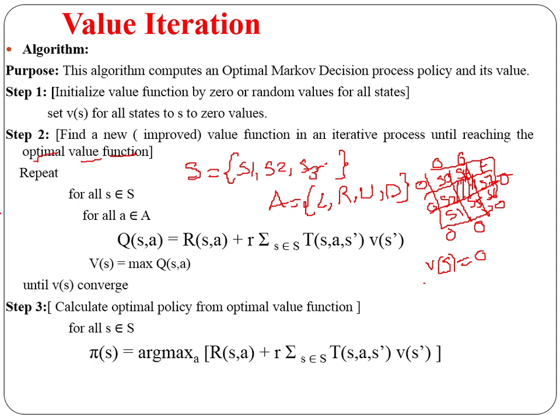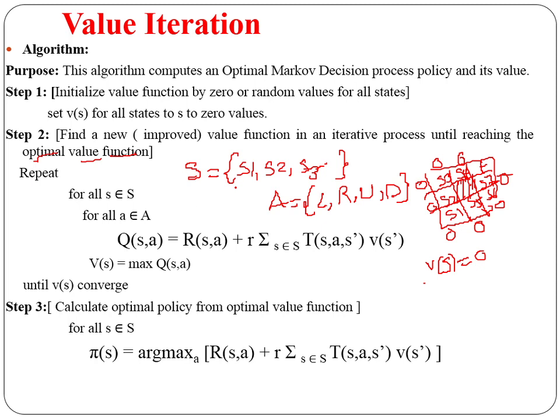So what I have to do here is calculate the values. How should I calculate them? We are taking Q of S, A for each state. Q of S, A refers to S, because here you are using a nested for loop.